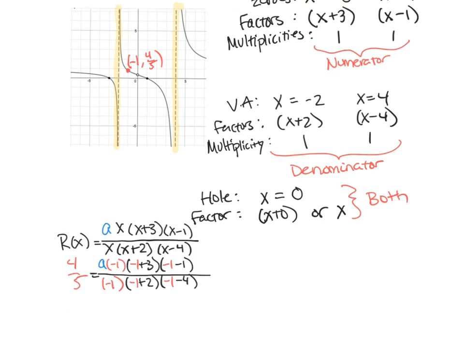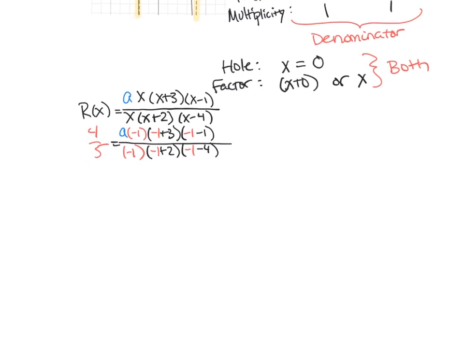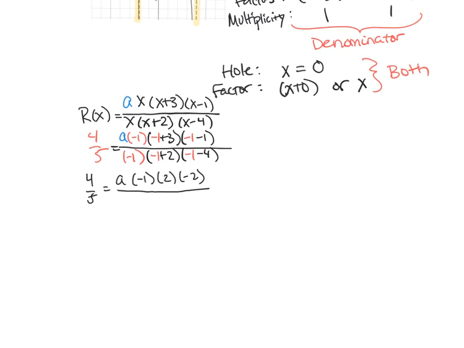So this is all of our information. So let's start solving. So we're going to have 4/5 is equal to a times -1 times 2 times -2 divided by -1 times 1 times -5.